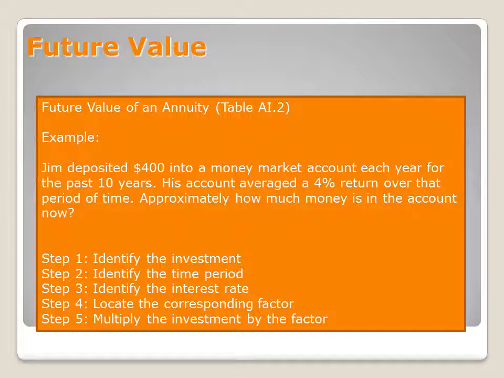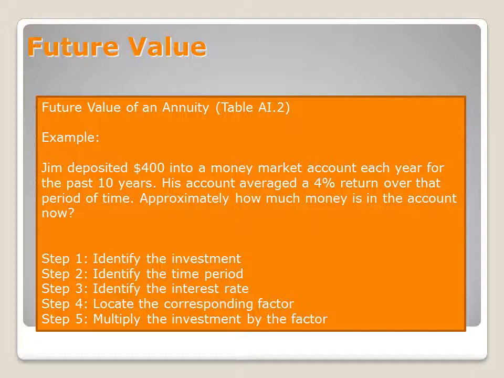Now, a future value of an annuity. What is an annuity? An annuity is an amount of money that is invested over the same period of time for a number of years. So in this example, you have $400 going into a money market account every year, and it's getting a 4% return. So what's happening is you have compounded interest over time.